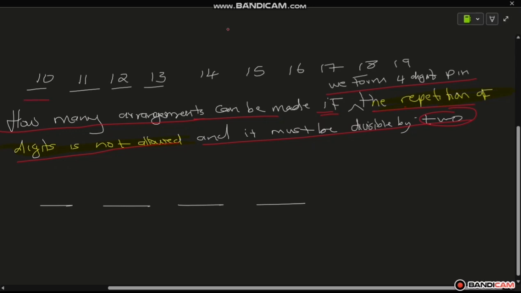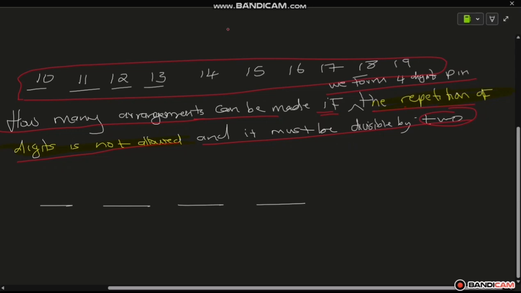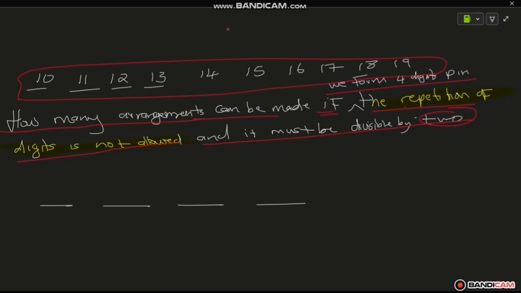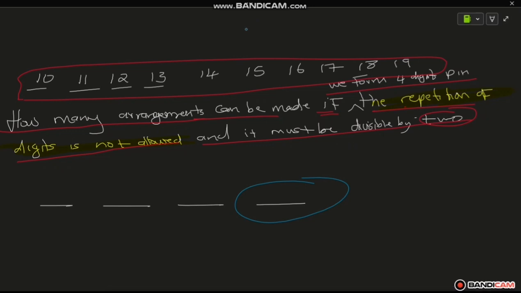Then how many digits do we have here? We have 10 digits, but now they told us that our arrangements must be divisible by 2. What does that mean? It means that the last digit of our pin must be an even number from those 10 digits.